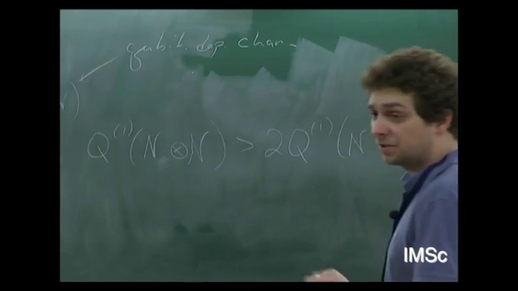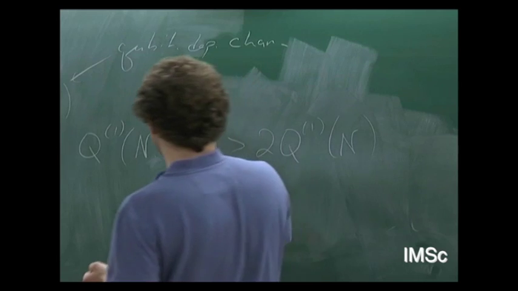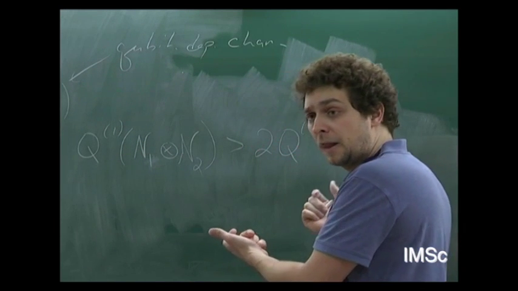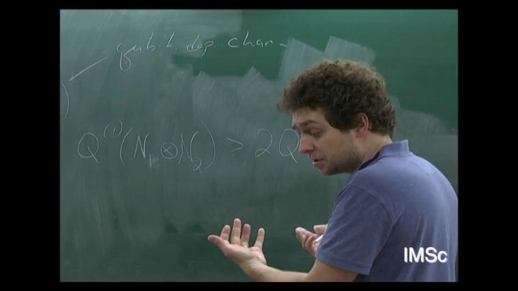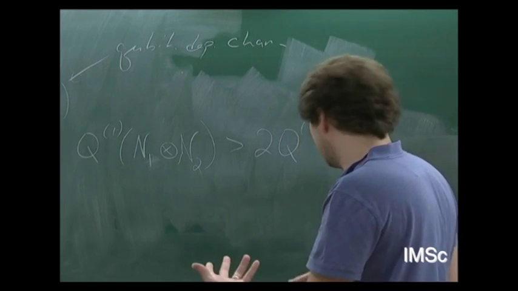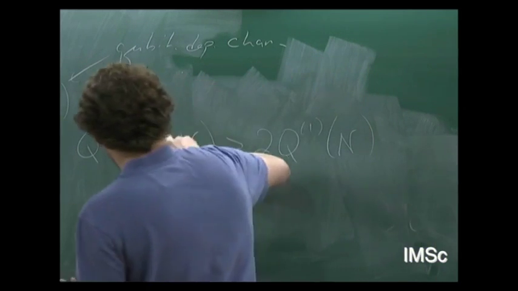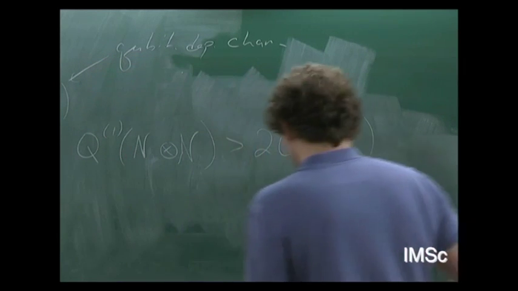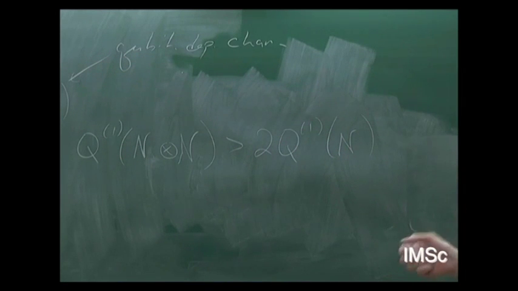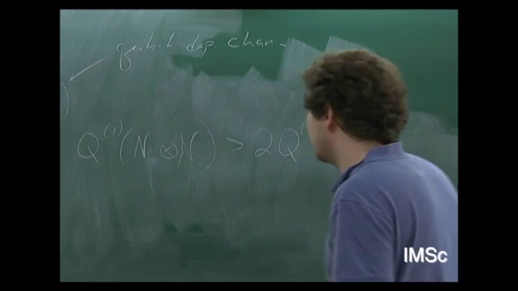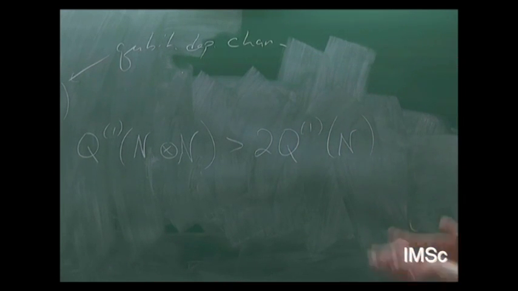I do know of examples of pairs of channels where the coherent information of N1 tensor N2 is bigger than the sum of the individual channels. And in finite dimensions, there's a simple way to turn that into an example of a single channel that gives you this kind of non-additivity of coherent information. But I don't know how to take those 2 Gaussian channels and combine them in a way that gives you a Gaussian channel that has this property.